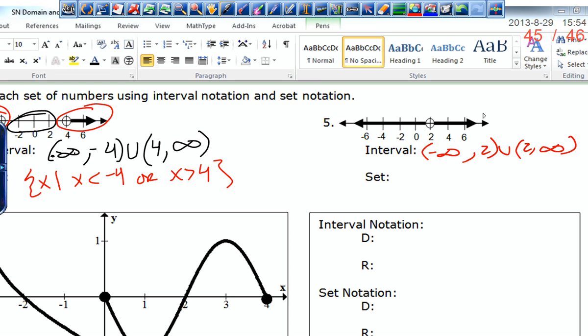Is there another way to say this? All real numbers except what? Except 2. Good. So that's how we're going to do the set: the set of all x such that x is an element of all real numbers, and x is not equal to 2.